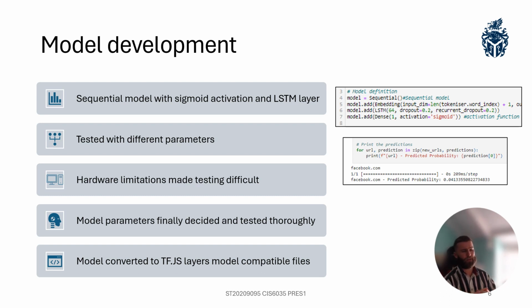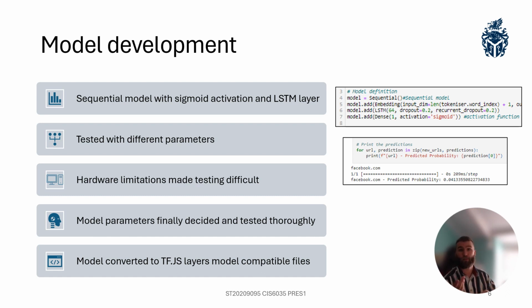But after we increased the epochs and decreased the batch size, it allowed the hardware to handle the testing quite efficiently. So once the model parameters were finally decided upon, the model was tested with about 20% of the data set itself.